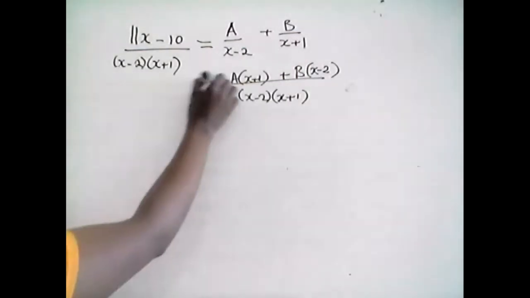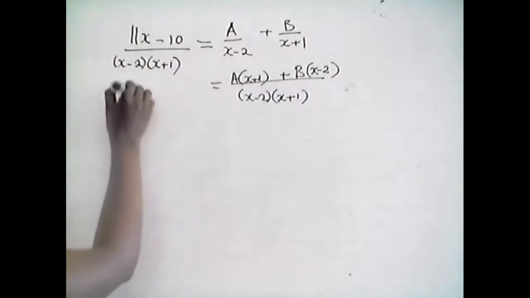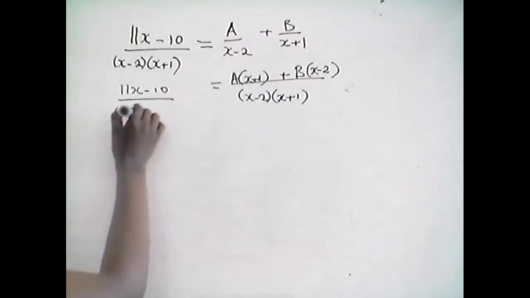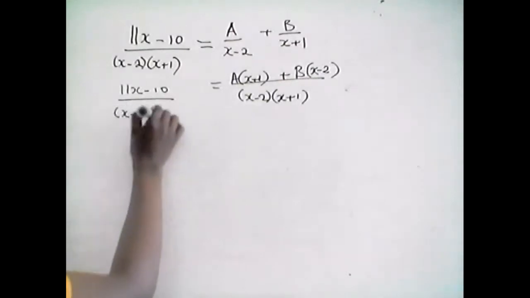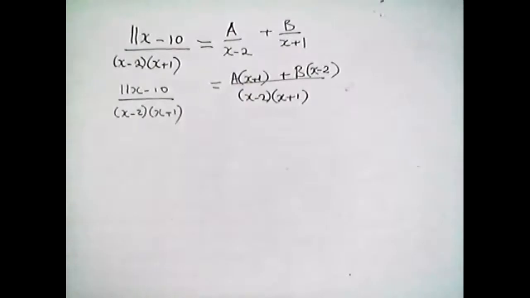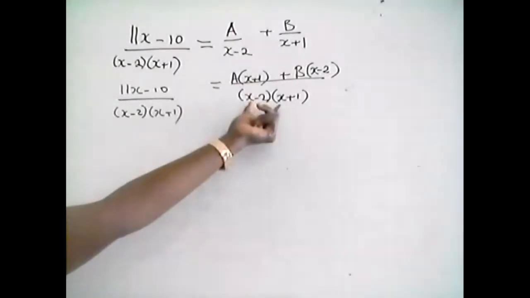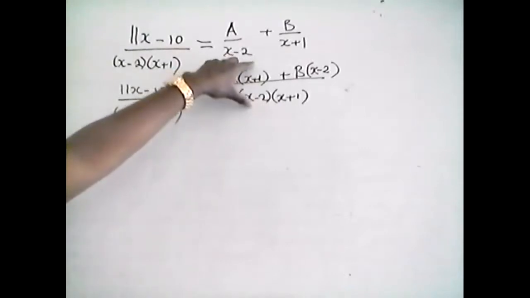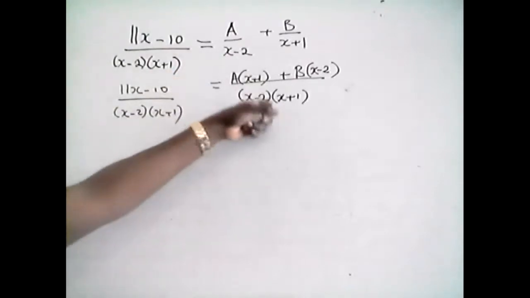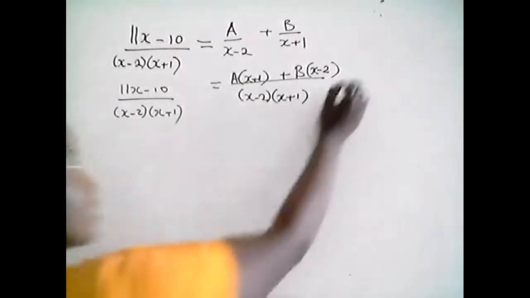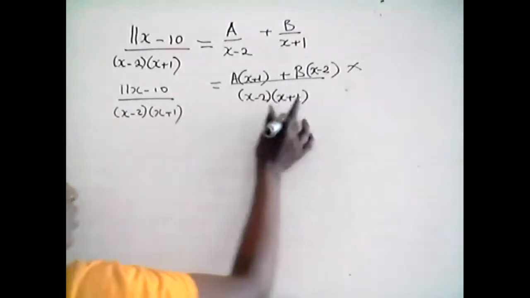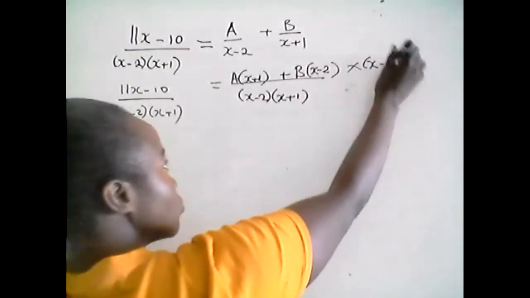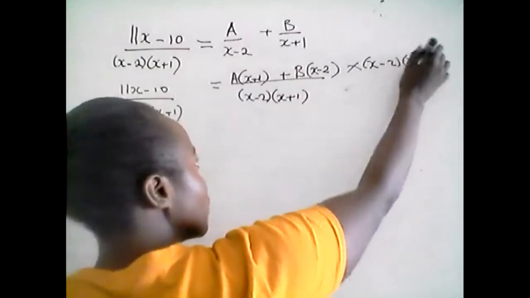And this is equated to what? This part which is here. So 11x minus 10 over x minus 2, x plus 1. So when you multiply this side by the reciprocal of our denominator, so it will be x minus 2, x plus 1.